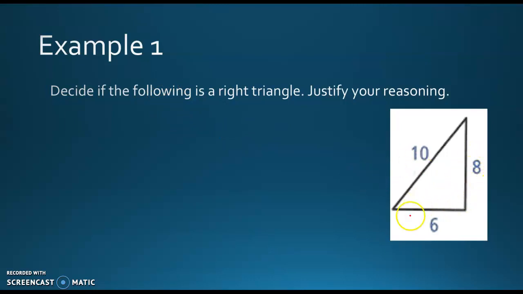So of these, 10 is the longest, so that's my c, and then these other two are a and b. So we're plugging in a squared plus b squared. I always put a question mark because I don't know if it equals c squared yet. So we're going to do 8 squared plus 6 squared question mark 10 squared. 8 squared is 64. 6 squared is 36. 10 squared is 100. 64 plus 36 is 100.